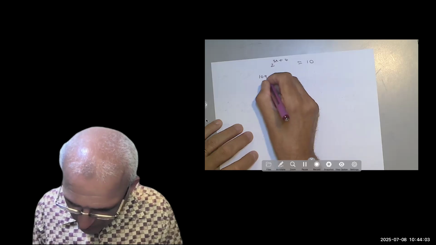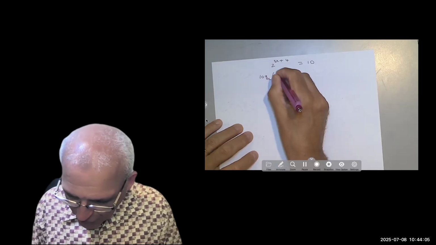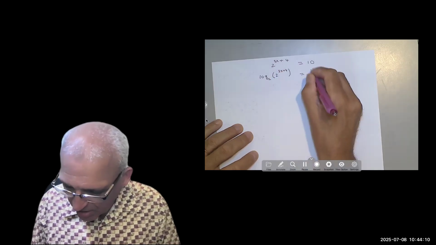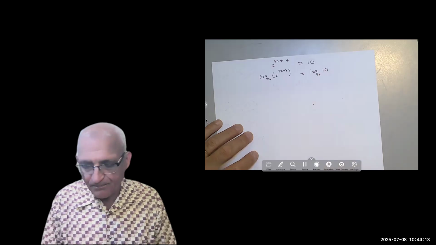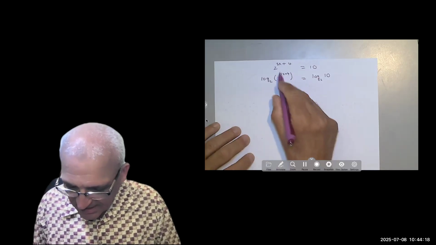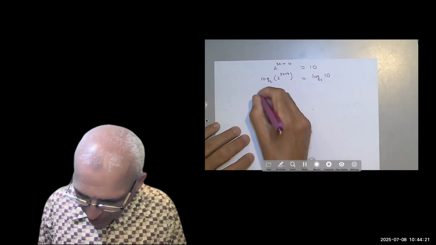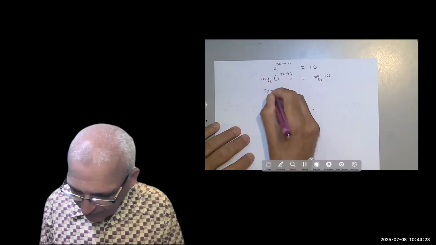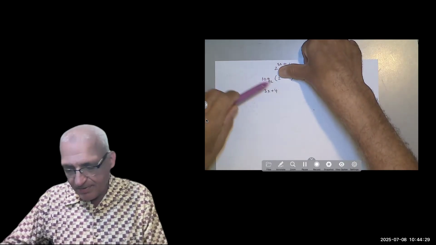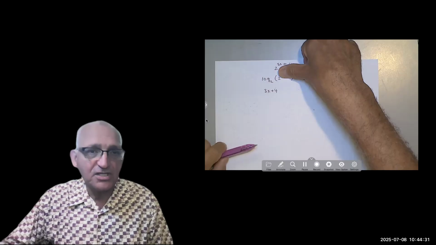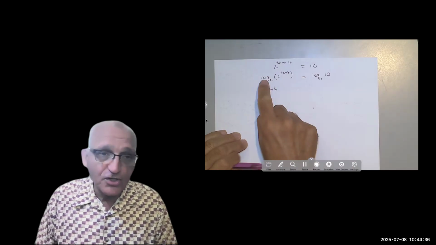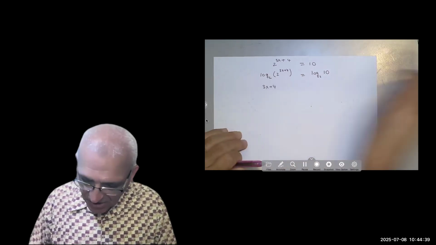So if I say log to the base 2 of 2 to the 3x plus 4 equals log to the base 2 of 10. Now, this is an exponent, it becomes a multiplier. And then I get 3x plus 4 times log to the base 2 of 2, which is 1. These are 2 to some power, and you take the log to the same base, they cancel each other.